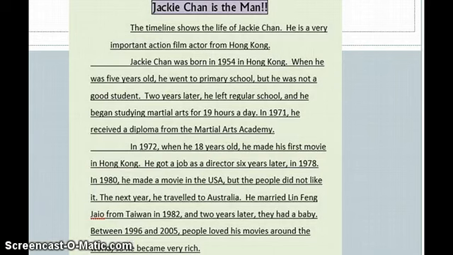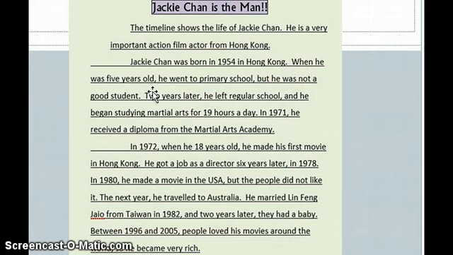You could, after you draw your timeline, put all that information in paragraphs. So if you are on timeline, you write in present simple tense. But if you are using sentences later, then you can use the past tense. As you can see, Jackie Chan was born in 1954 in Hong Kong when he was 5 years old.